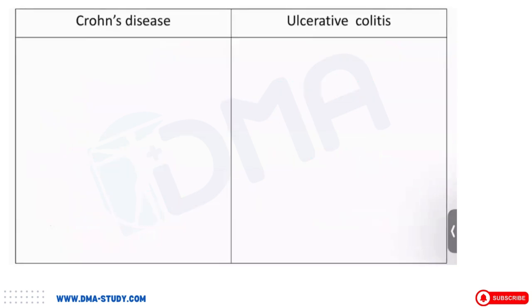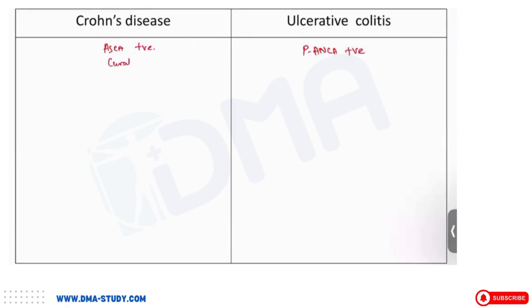Okay. Last one, important table. Definitely a question table. Very, very important table. Crohn's and ulcerative colitis. Crohn's is ASCA positive and ulcerative colitis is P-ANCA positive.